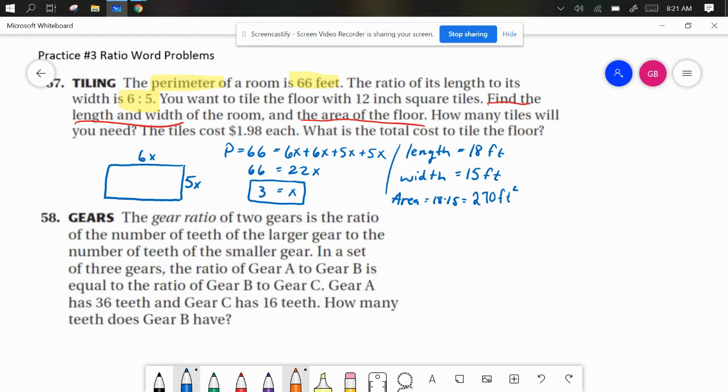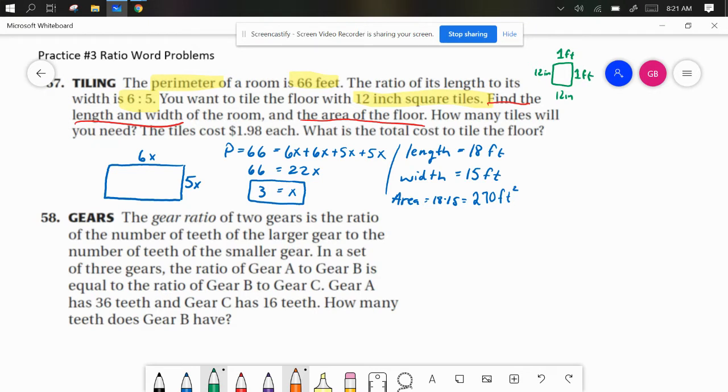How many tiles will you need? Each tile is a 12-inch square. A 12-inch square is equivalent to a 1-foot square.